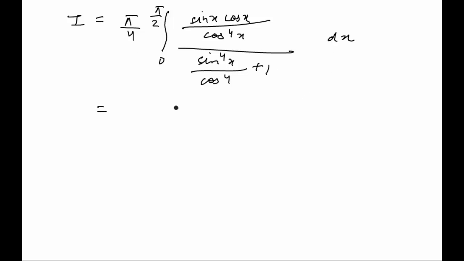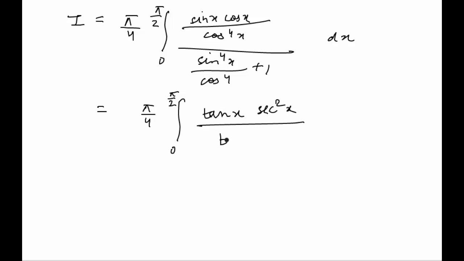So this is going to give us pi by 4, 0 to pi by 2, we'll have tan and sec. So tan x into sec square x upon tan to the power 4x plus 1 dx.